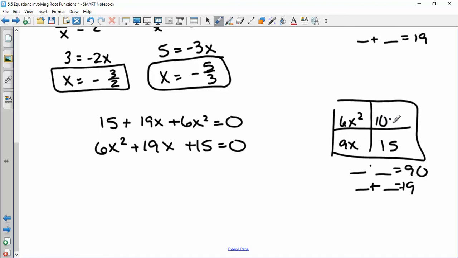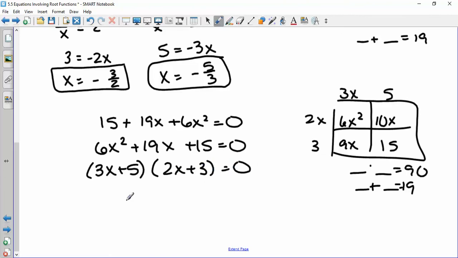So we'll do the 9x and the 10x. Factor, so we get 3x plus 5, 2x plus 3. And then if you set those to equal 0, you get negative 5/3 and negative 3/2. So the same answers. Two different ways of approaching it. And when you check these, I believe they both work.